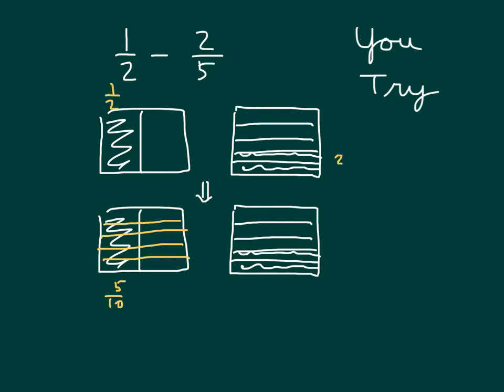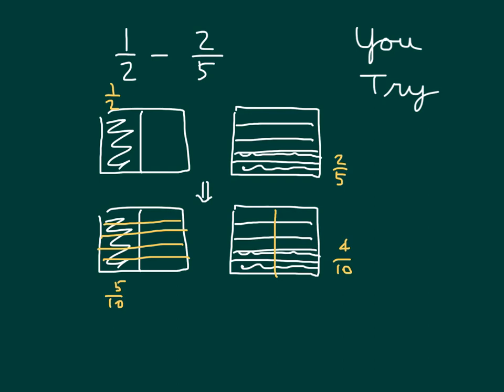The other fraction was 2/5, and we are looking for an equivalent fraction for 2/5 where we're also talking about tenths. 2/5 should equal how many tenths? Hopefully you got 4 tenths. Did you draw those lines correctly? You just had to divide it in half. So 1, 2, 3, 4, and there were 10 equal parts there.